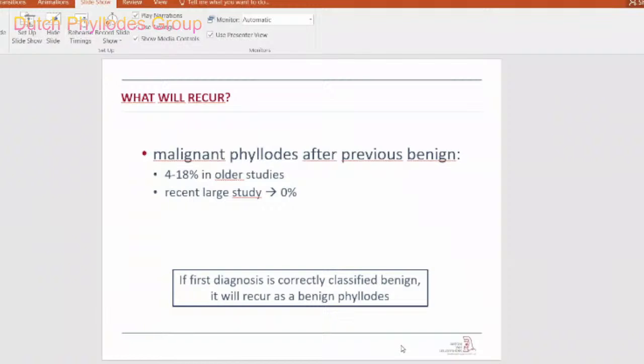Previously there were some reports that indicated a malignant Phyllodes tumor after a benign Phyllodes tumor, but more recent studies have shown that this really doesn't or shouldn't happen. If the first diagnosis is correctly classified as a benign Phyllodes tumor, then if it recurs, it will be a benign Phyllodes.